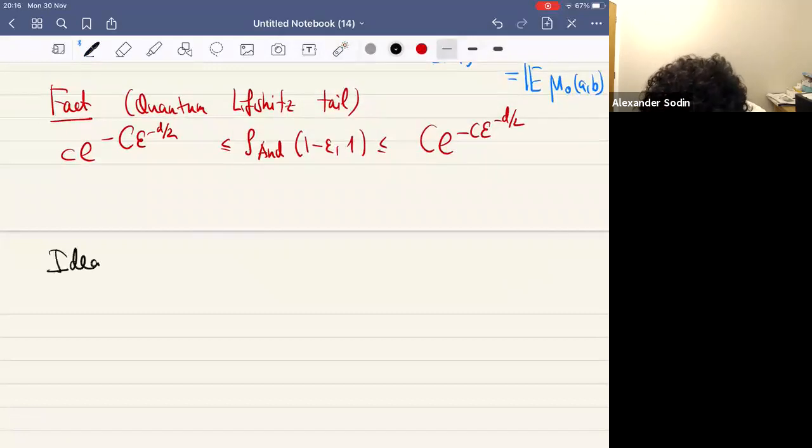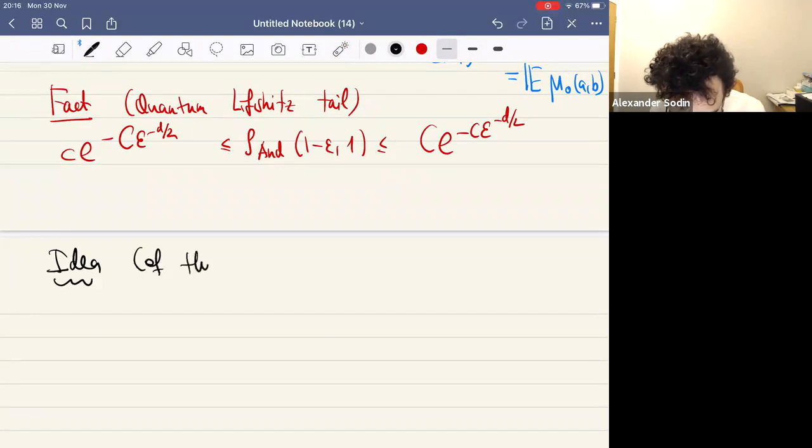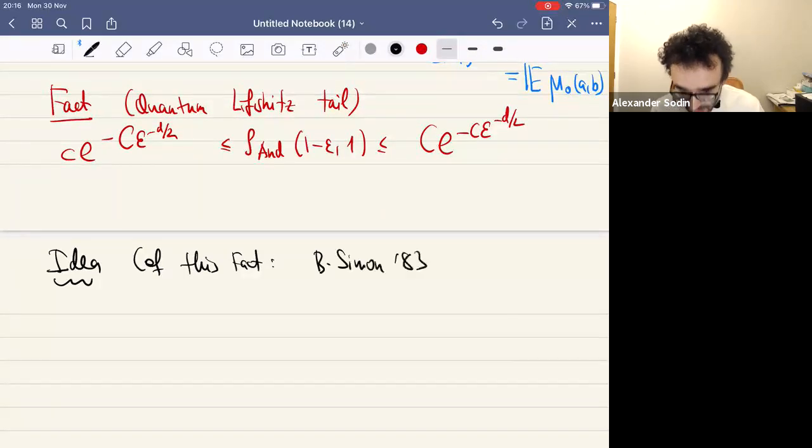The first rigorous proof of this fact, perhaps in a slightly weaker form, appeared in the paper of Barry Simon in '83, and it combines a very convincing physical argument of Lifshitz with a method, an argument due to Hermann Weyl called Dirichlet-Neumann bracketing.